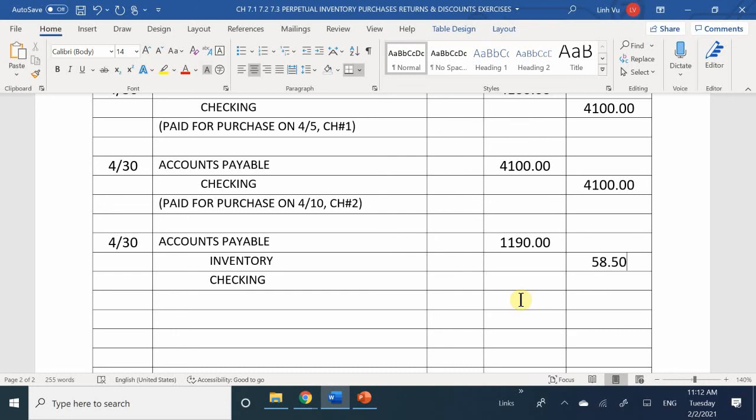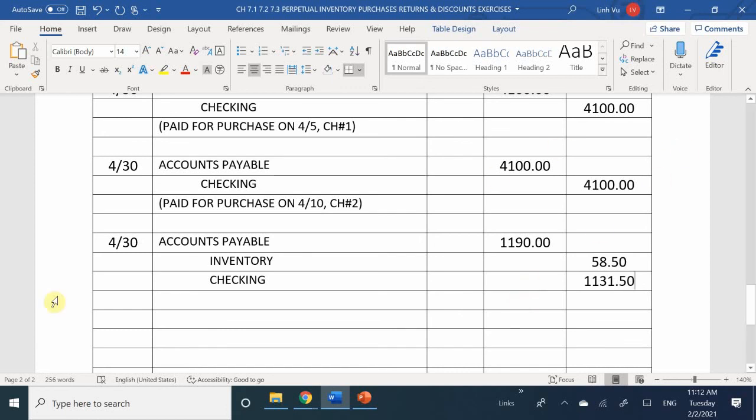So then what is the total amount of the check that I'm going to write? 1131.50. Hold on. Okay. What was that? 1131.50. Yes, correct.